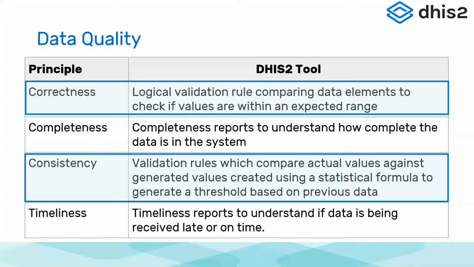Consistency is how consistent your data is over time and among similar types of institutions or health facilities. Both correctness and consistency we can assess or check with validation rules.